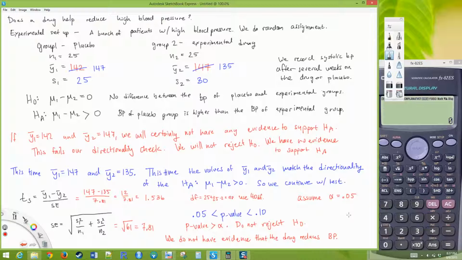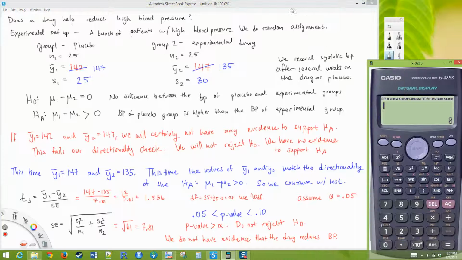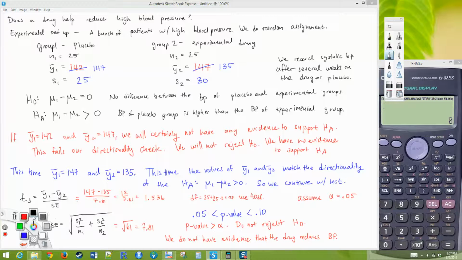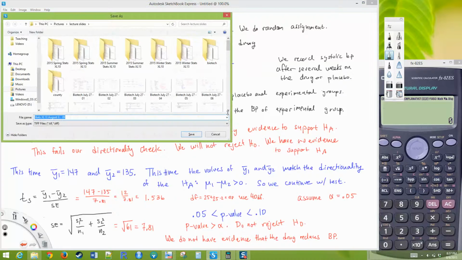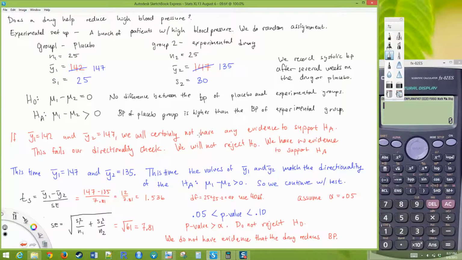And that's statistics. We have to say all of these boring, unexciting things. But this is what we have. Is all of that okay?